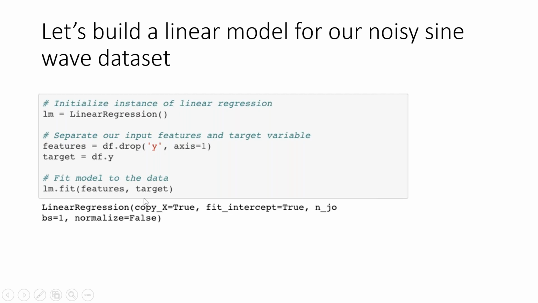Typographical mistakes only will cause this. If you have given features as the variable for the x column, that only has to be passed. Now let's say the target spelling is wrong, then it will tell missing. So check that. Madhu, I am getting y not found in axis. That is the error I am getting.